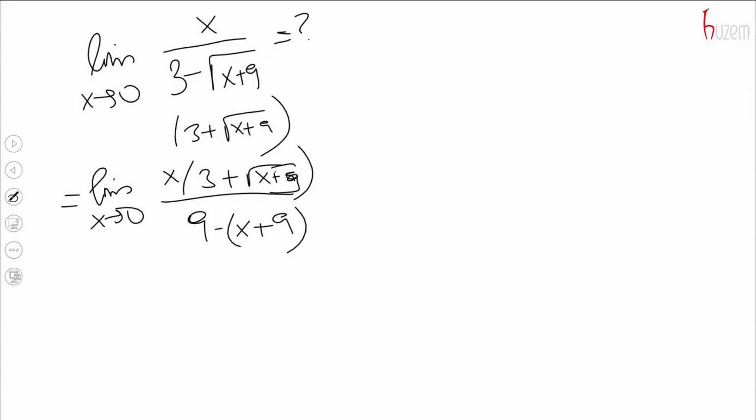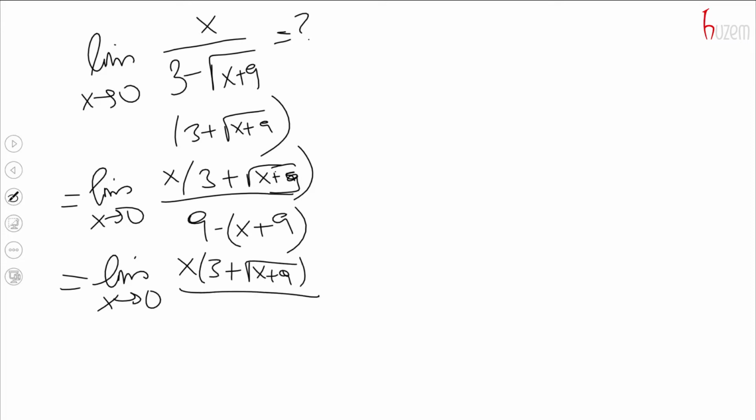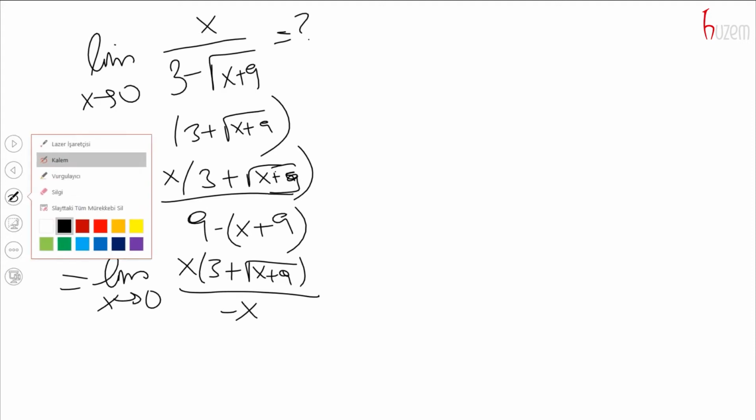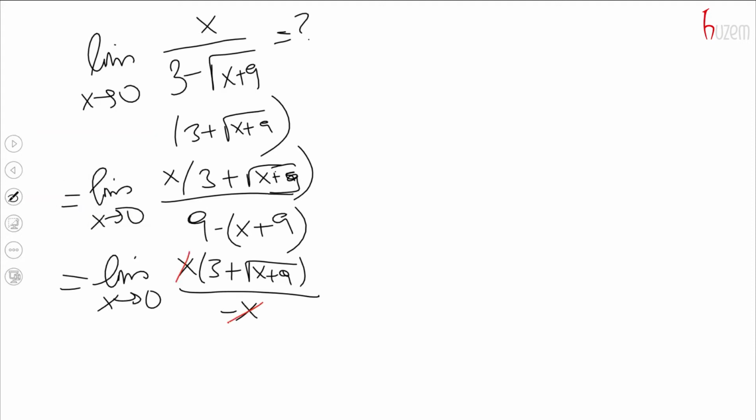So this will be the limit as x approaches 0. On the top we have x times (3 plus root x plus 9), and this will be divided by, on the bottom, 9 minus x minus 9, so these 9's will cancel out and we will have negative x. Again we can eliminate x from both numerator and denominator.